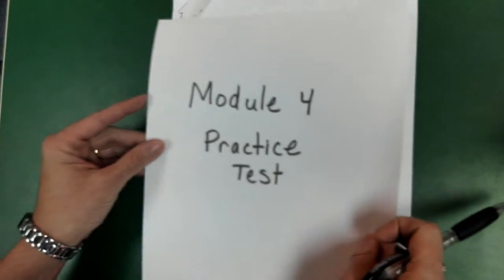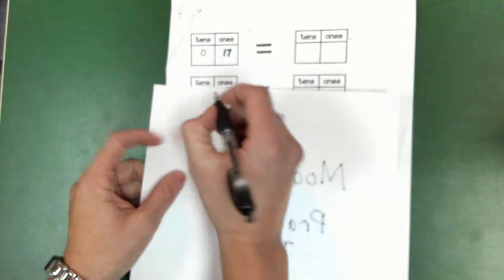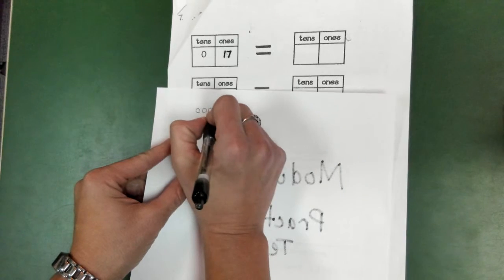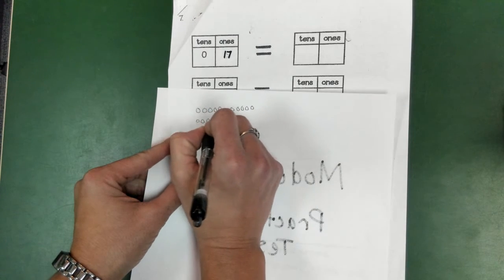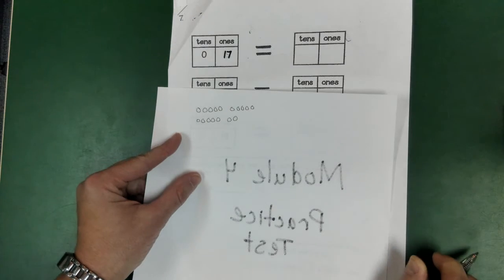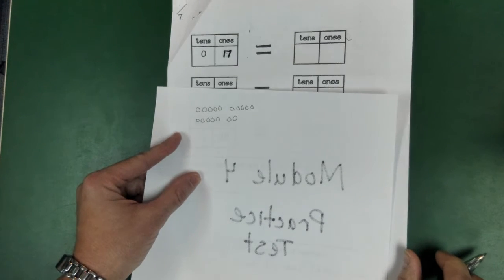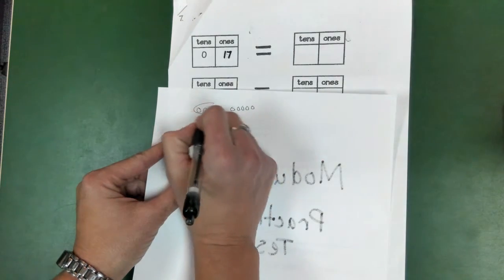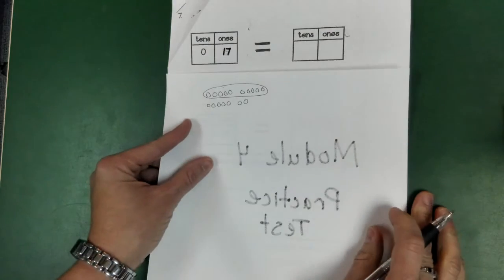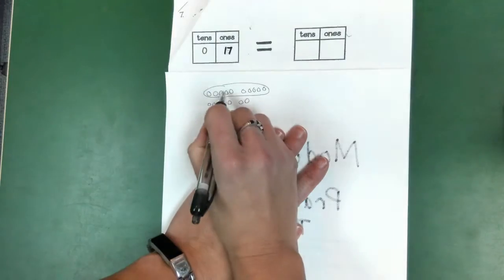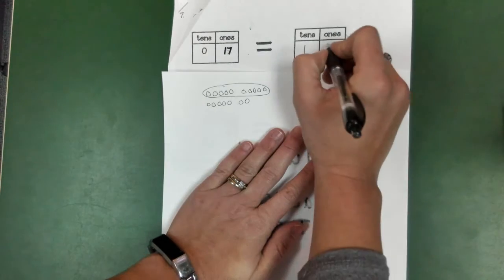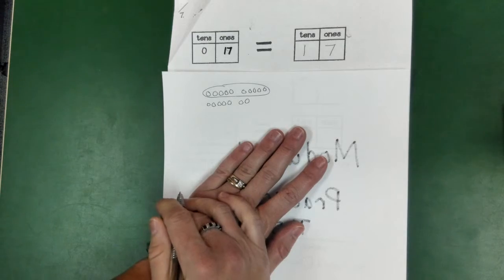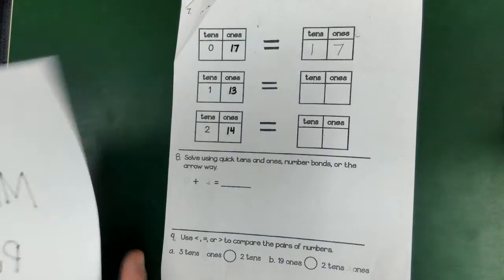So if I had some scrap paper, let's turn this over, and I drew 17. Right, now look and see, how many groups of 10 do I have? You could circle it. So on your place value chart, I would have 1 ten, and I still have 7 ones left over.